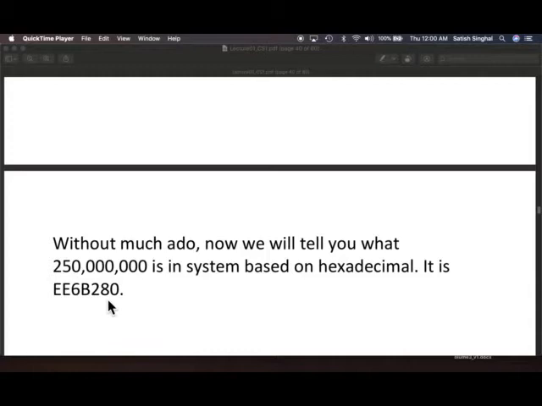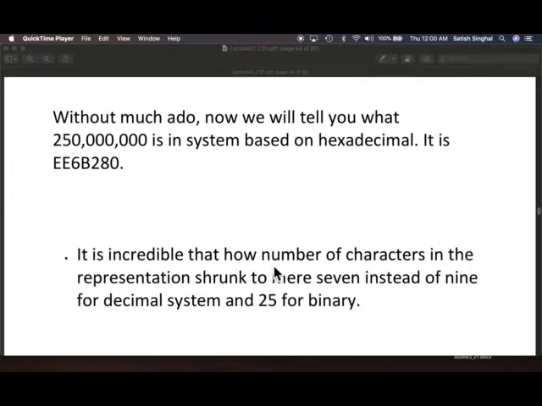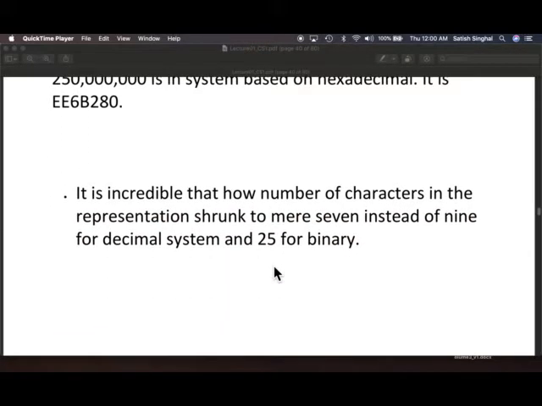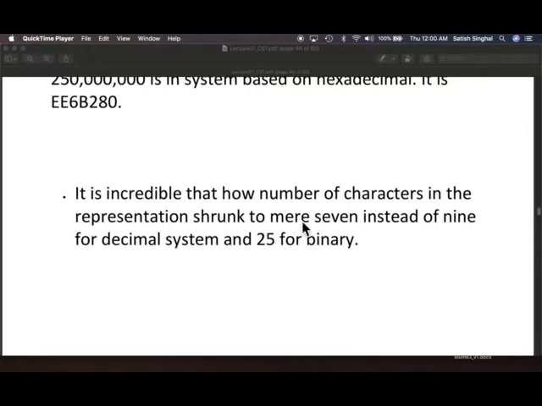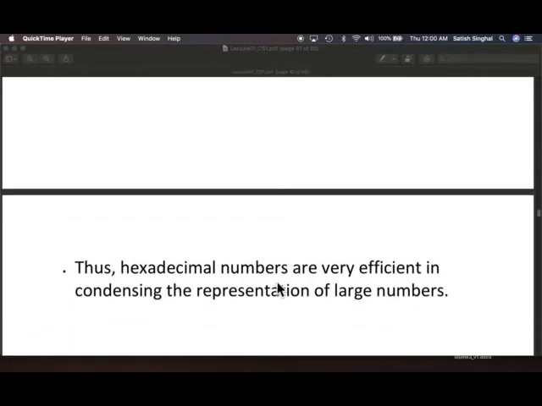If you go to even bigger numbers, you will see a larger corresponding reduction. It's incredible how the number of characters in the representation shrunk to a mere 7 instead of 9 for decimal and 25 for binary. Therefore, hexadecimal numbers are very efficient in condensing the representation of large numbers.